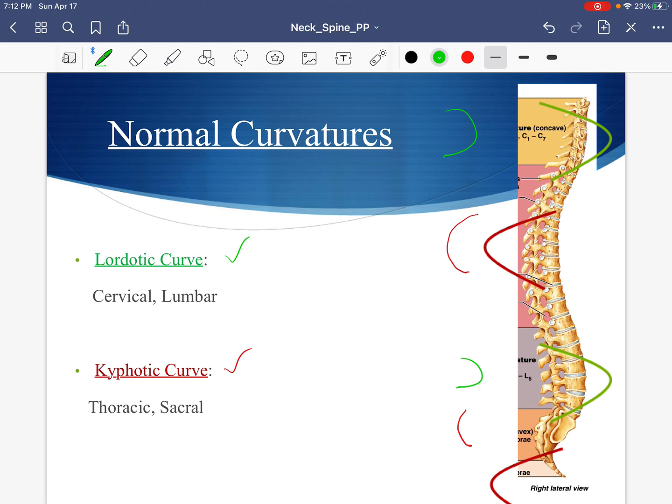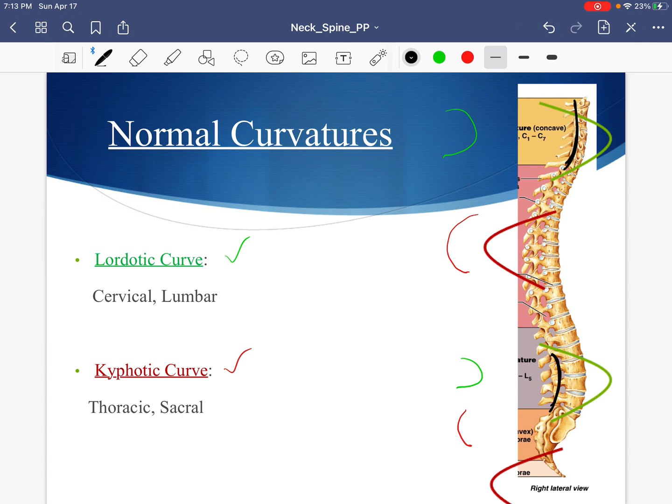Okay, and the lordotic curvature is the backward C shape found in the cervical and lumbar regions. These are considered normal curvatures to a certain extent. So you can see in this picture, there's a certain amount of curvature there. Not too much, not too little. We have a little bit more here in the lumbar region.